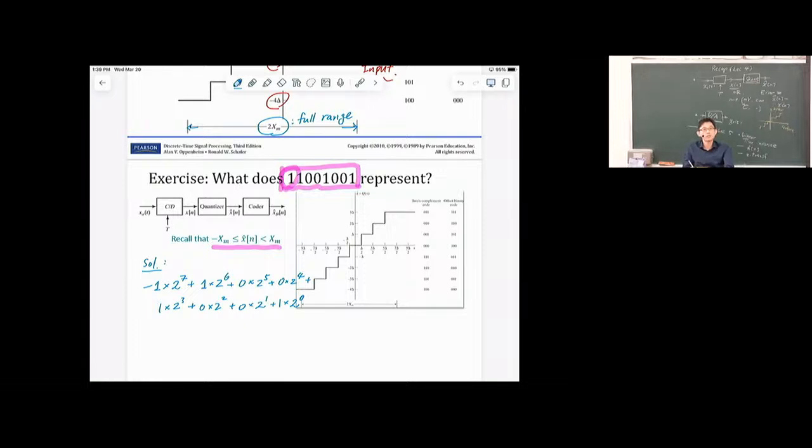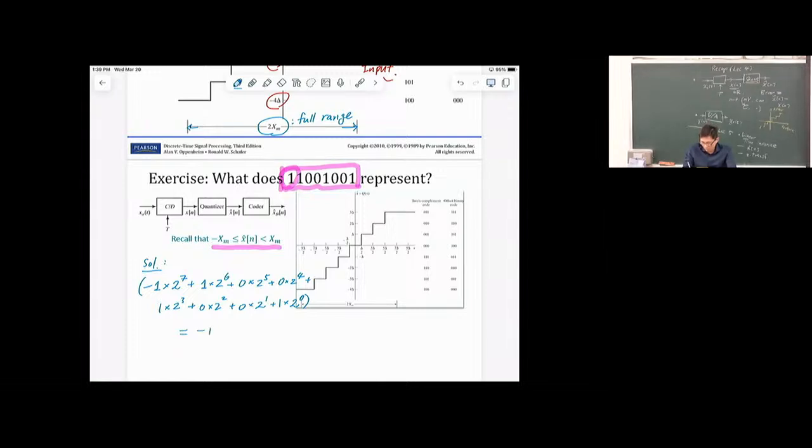This is the corresponding integer. When we talk about rounding to the nearest integer, this sequence represents this integer. That's the integer represented by our sequence 11001001. So shall we explicitly calculate it?